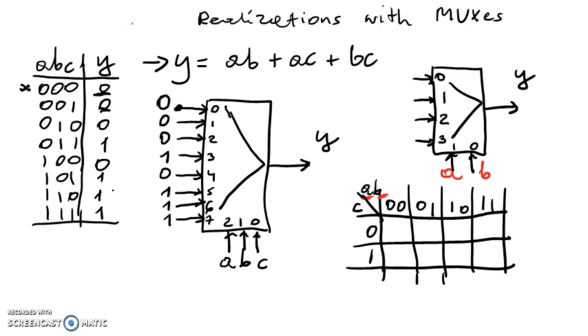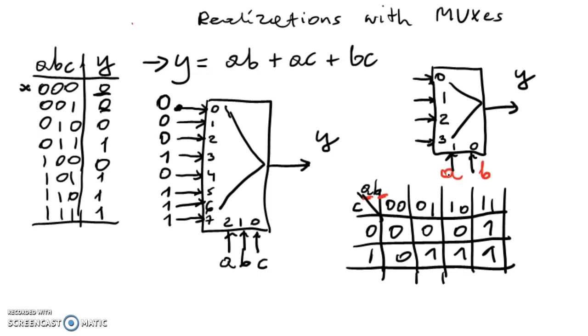Then you simply copy the values of Y and put them into the table: 0 here, 0 here, 0 here, 1 here, 0, 1, 1, 1. It is a kind of truth table.